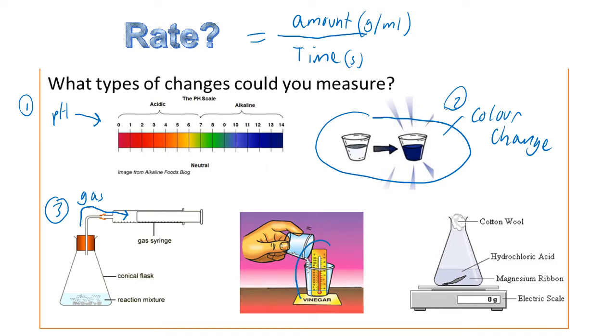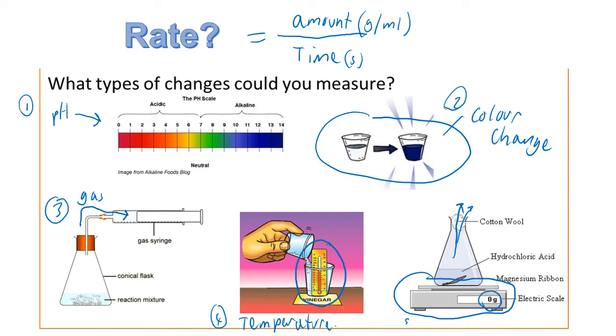This one here at the bottom has a thermometer in it. So number 4, a reaction could be measured because it increases or decreases temperature. And number 5, this is deliberately on top of a weighing scales, because if this reaction was giving off a gas out the top, the scales would get lighter.